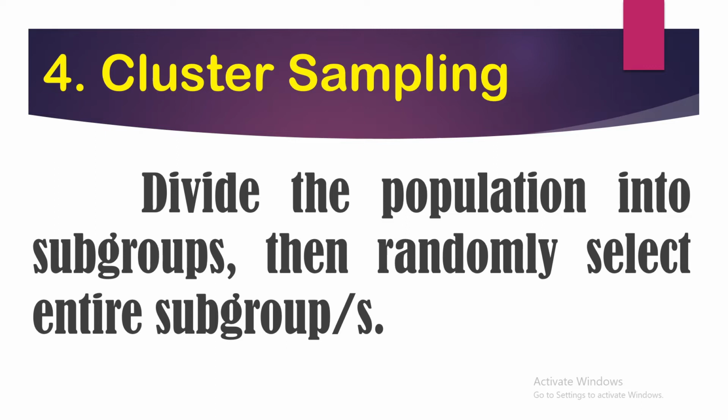Both cluster sampling and stratified sampling need the population to be divided into subgroups. But the only difference is that for stratified sampling, we select samples from each subgroup, while for cluster sampling, we select the entire subgroup or subgroups.